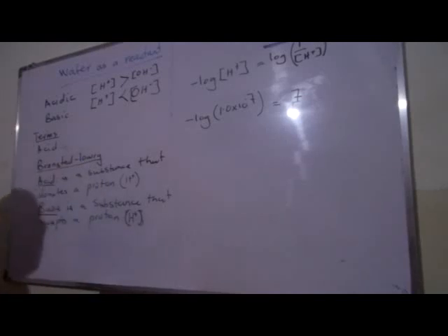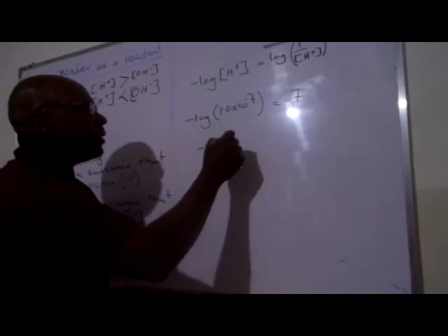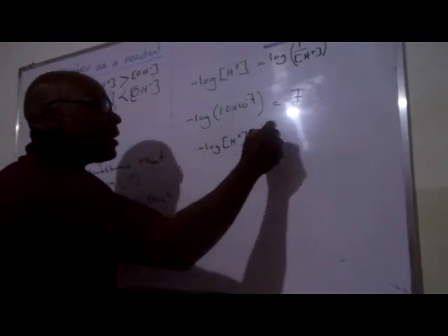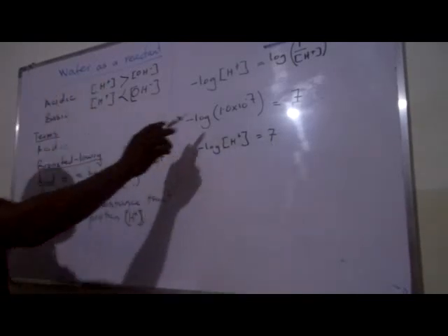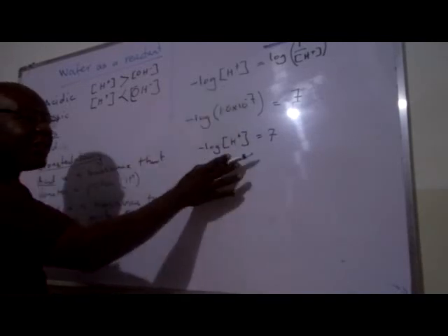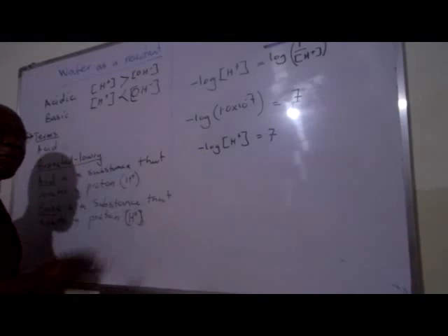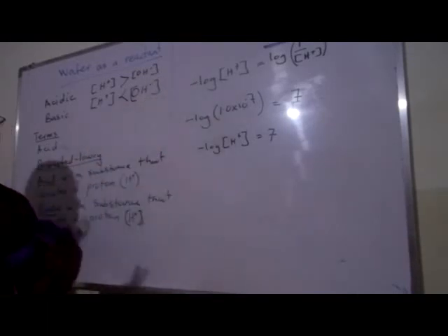So we are saying minus log of hydrogen concentration is 7. Is this user friendly? Yes, it is. Is 1.0 times 10 to the power minus 7 user friendly? No, it's not. But this is. So in other words, we are just expressing hydrogen concentration in a way that is user friendly.